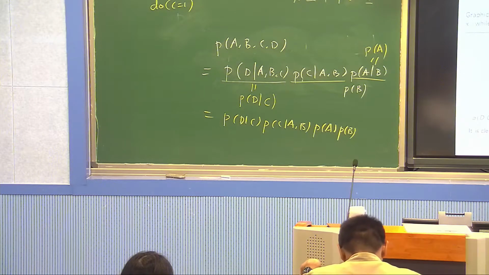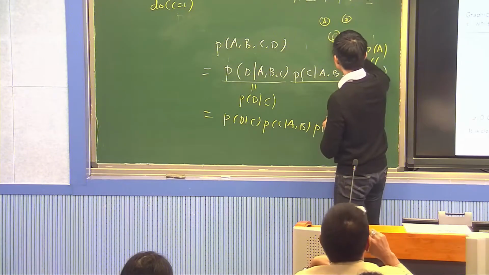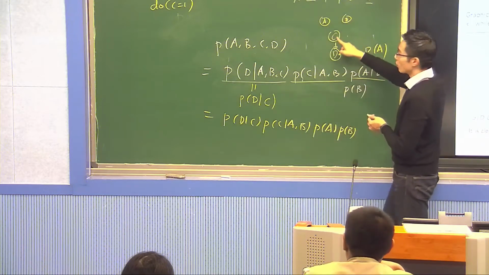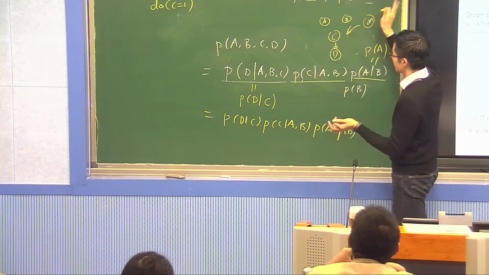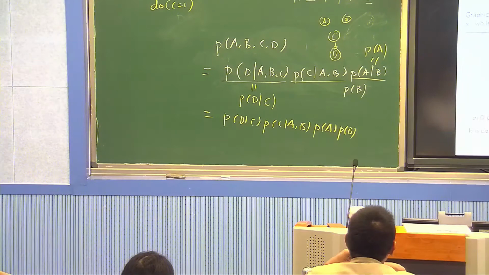So I have A, B, C, D. C only leads to D, so that's the same. But A and B no longer lead to C. I can say something like me leads to C, but that's unnecessary. So the result of doing an experiment, or do something, is to cut off the link. Cut off the links from A, B to C, and C to D stays.